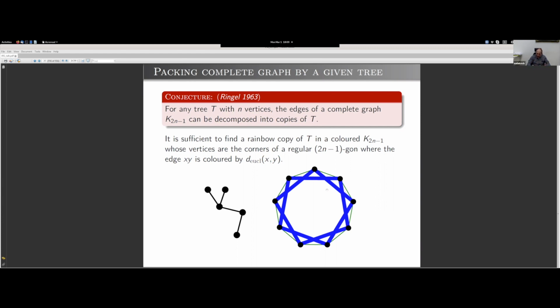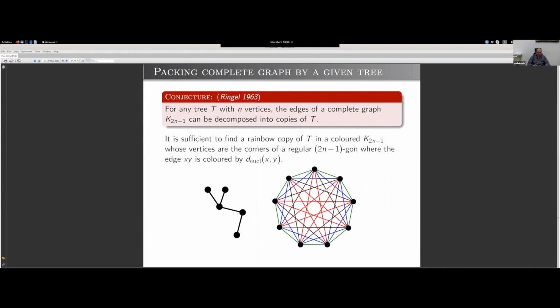Again, I get 9 blue edges because there are 9 pairs at distance 2. And then distance 3, I color black. And then distance 4, I color red. In this particular case, there are no other colors. Because I have 9 vertices, every pair has distance either 1, 2, 3, or 4, because I'm taking the shortest Euclidean distance, okay? So this is my coloring.